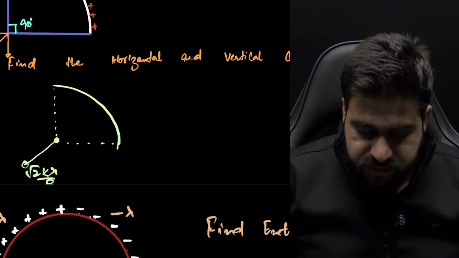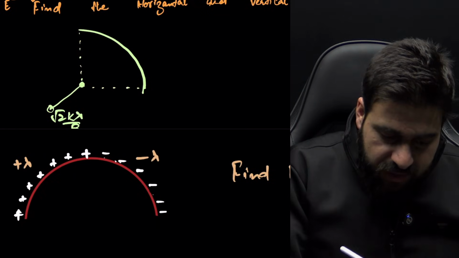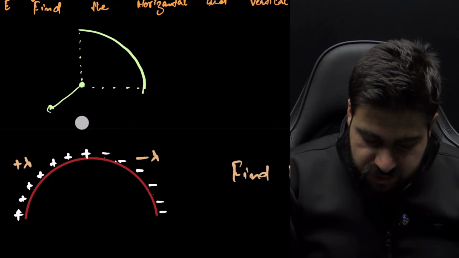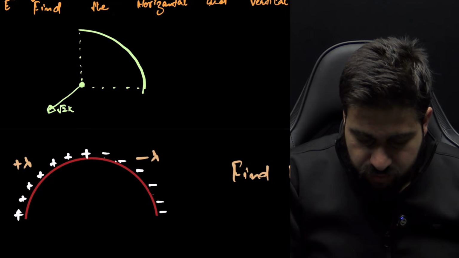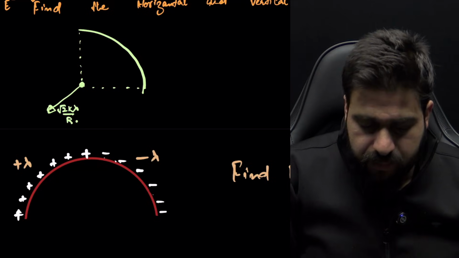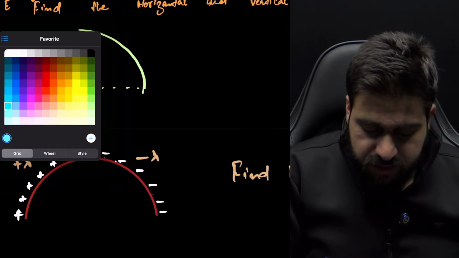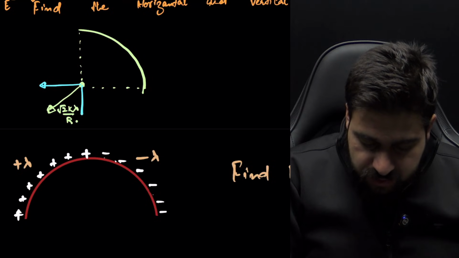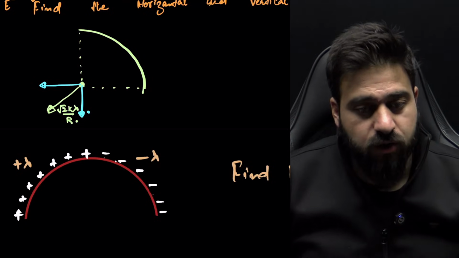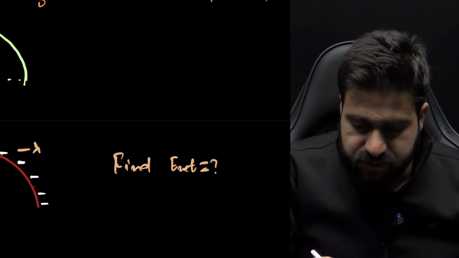Now, my dear NEET aspirants, if this is root 2 K lambda divided by R, tell me one thing, boys and girls. This will have two components, this horizontal and this vertical. We have to say what is the horizontal and vertical. See, it is like this.